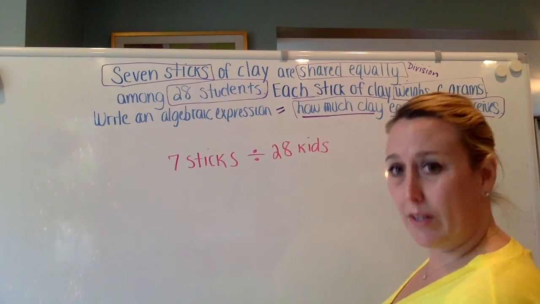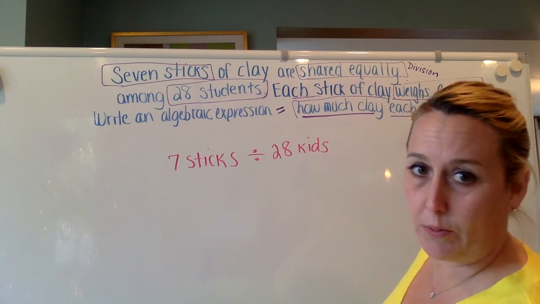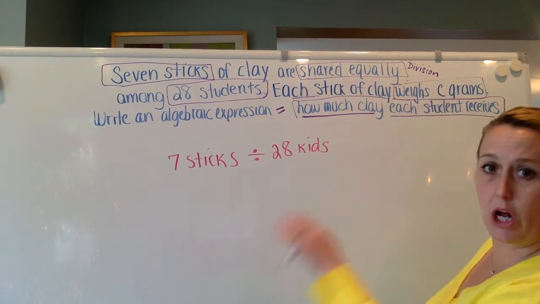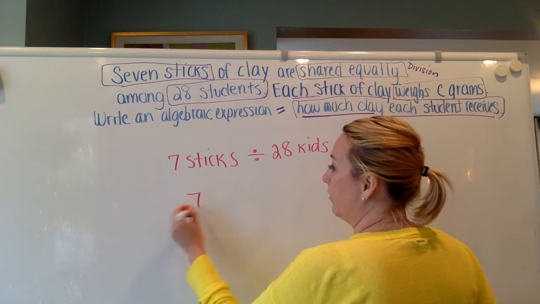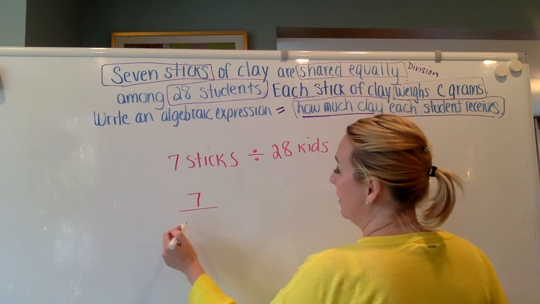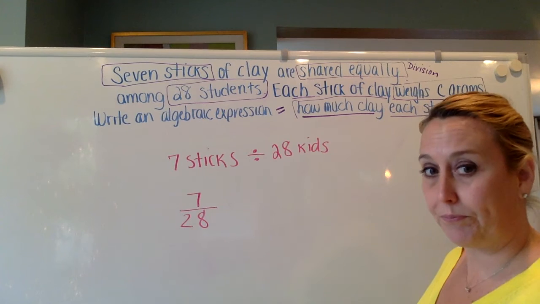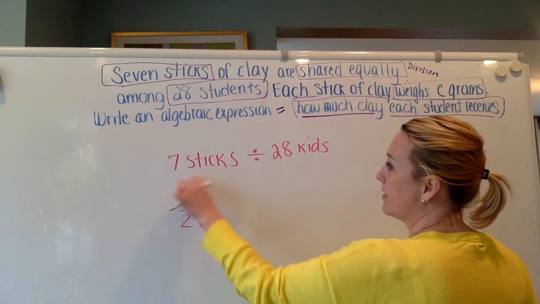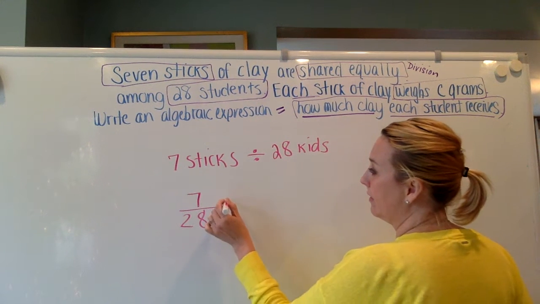But we know algebraic expressions, and at this point, this is not in the correct form. Mathematically, we would write that like 7 divided by 28, right? 7 sticks, divided amongst 28 kids.